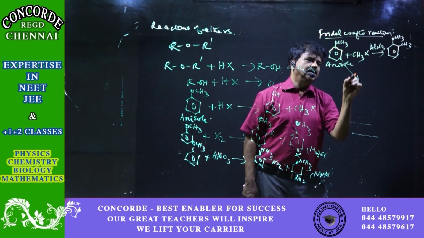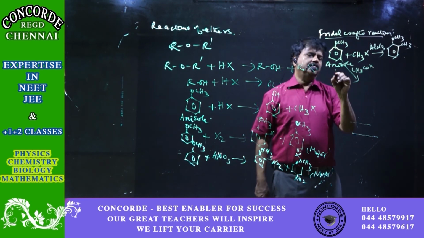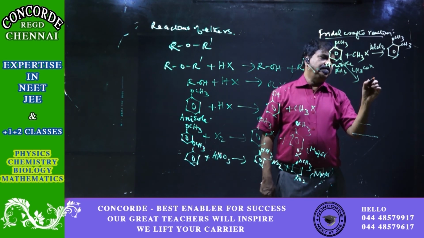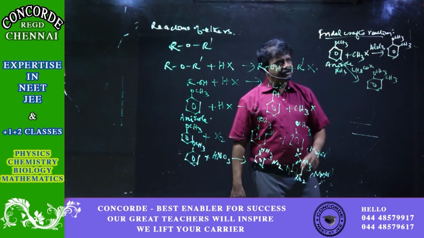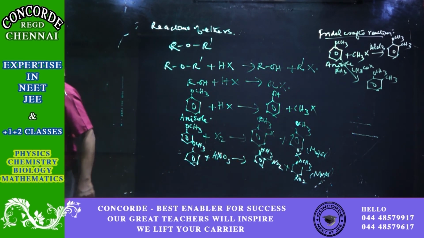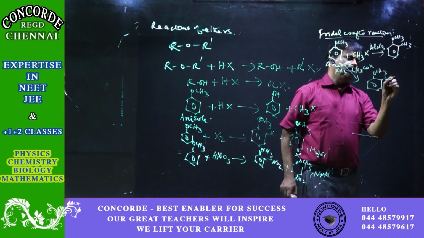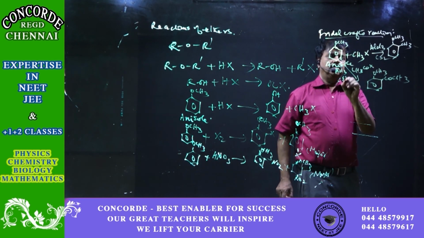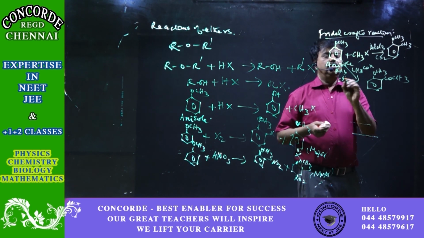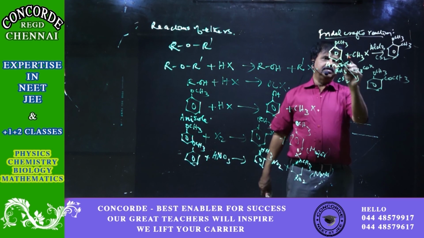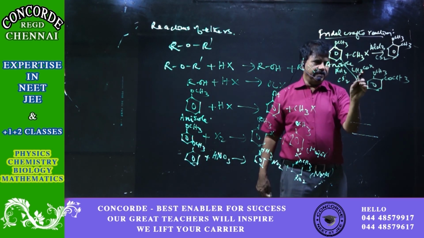In case it is CH3COX also, with the same AlCl3 and other conditions, we get the CH3CO group substituted. The CH3 group gets substituted in the one case, and here the acetyl group, CH3CO, is getting substituted in the ortho position.